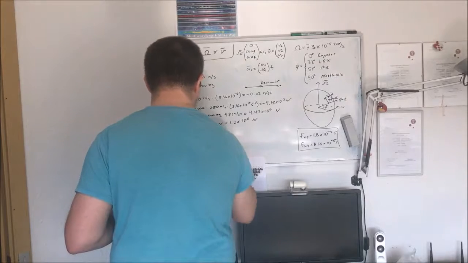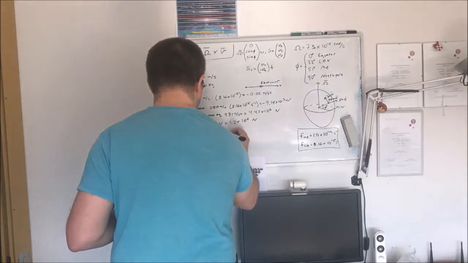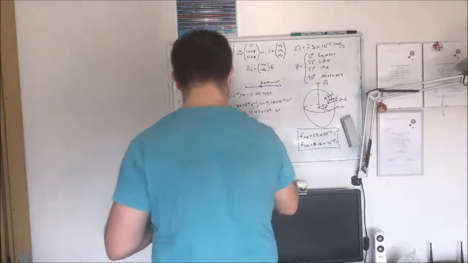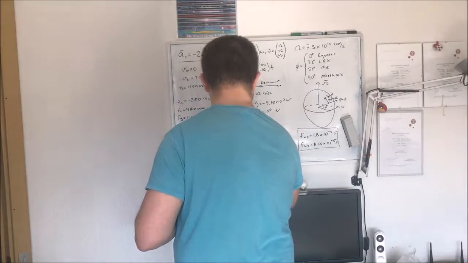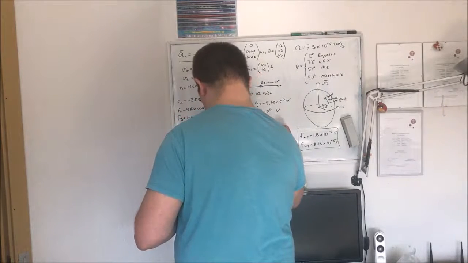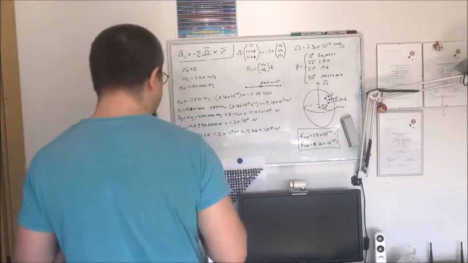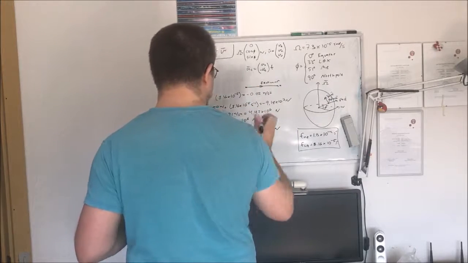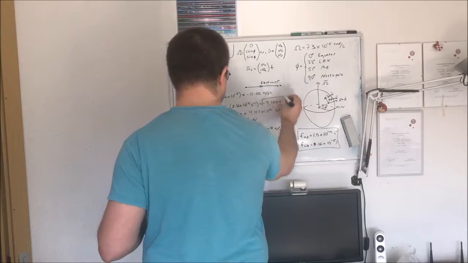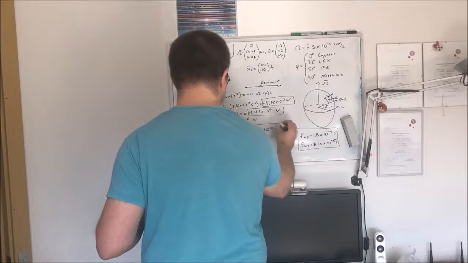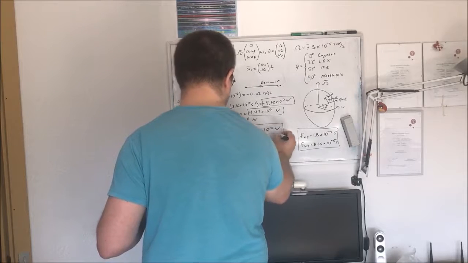So it's 0.25 times 1.2 times 10 to the sixth. That is roughly 2.96 times 10 to the fifth Newton. All right, let's put a box around them, like this.